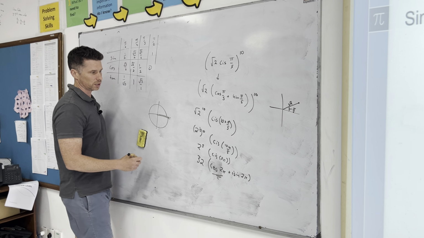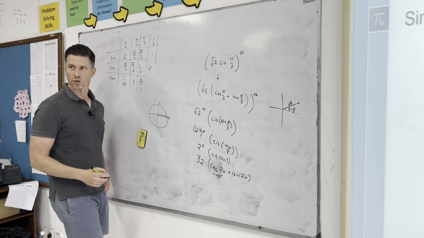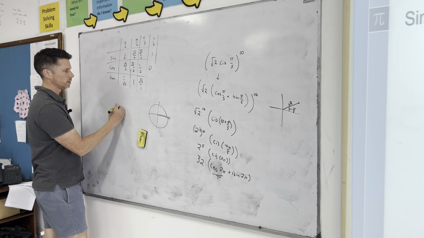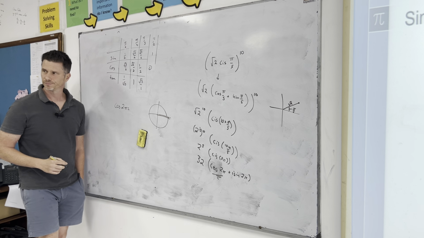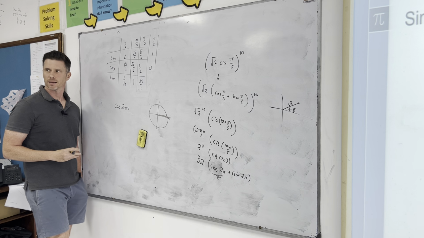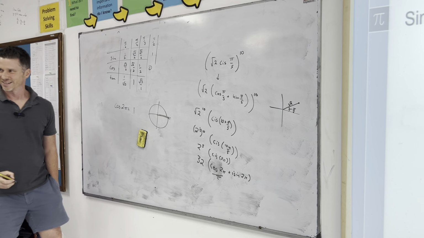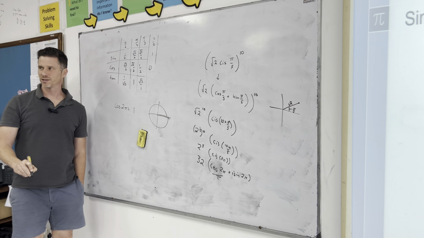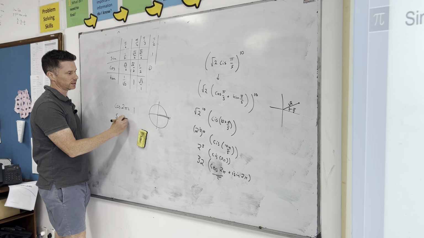So what's cosine 2 pi? Cosine is 1. 90 degrees and 270 degrees would be 0 for cosine. And sine of 2 pi is 0.